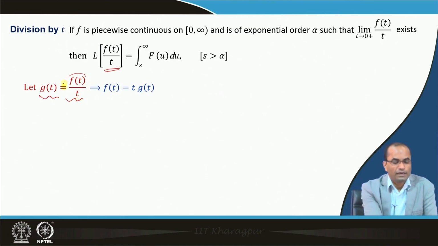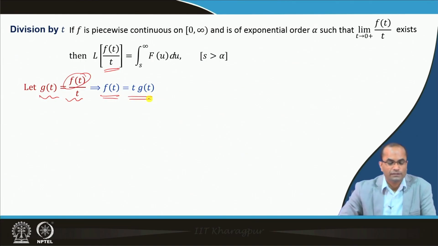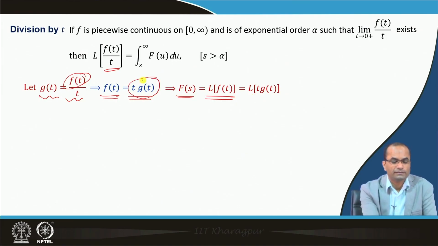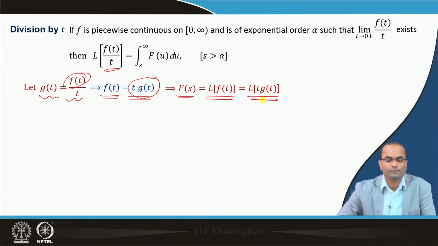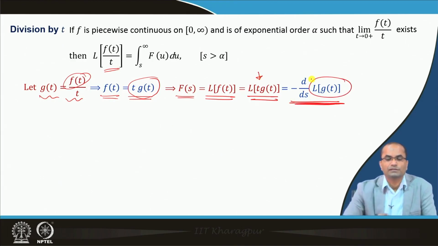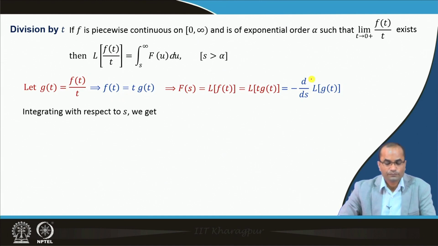So, from here we have this relation that f t is equal to t times g t, and then f s, which is the Laplace transform of f t, is the Laplace of t g t. We know from the previous lecture that when we multiply by t, it is like minus d over d s of the Laplace transform of g t.